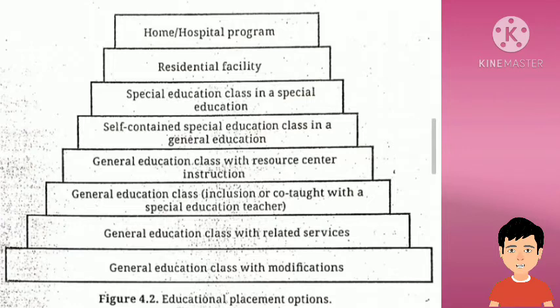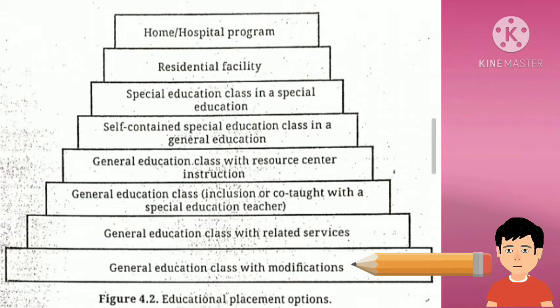This picture shows the educational placement options for a child with additional needs. A general education classroom is the least restrictive environment for a child with additional needs. And according to Gargiulo in 2012, access to the same learning experiences and opportunities is provided as to typically developing students.